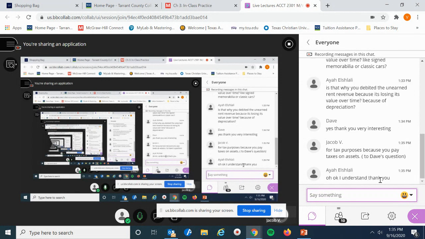All right, Jacob, for tax purposes, because you pay taxes on assets, to Dave's questions, no, not necessarily. So the reason why we would impair an asset is because, like I said earlier, we want to be conservative and we don't want to mislead our investors and creditors.